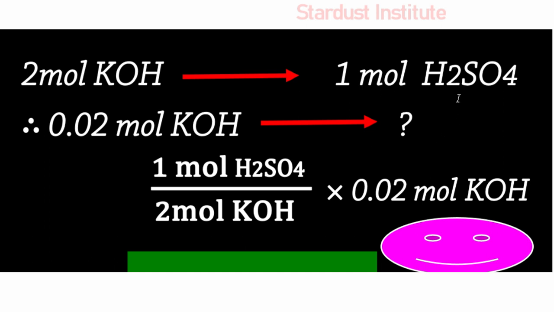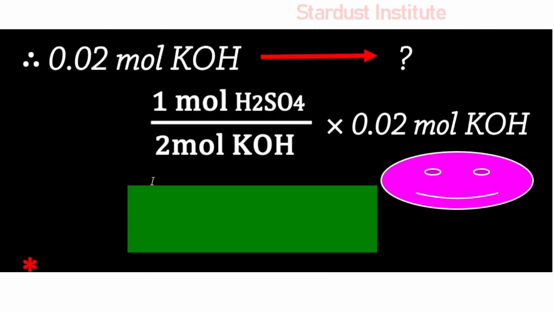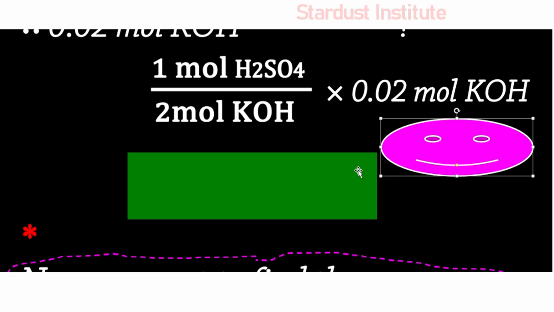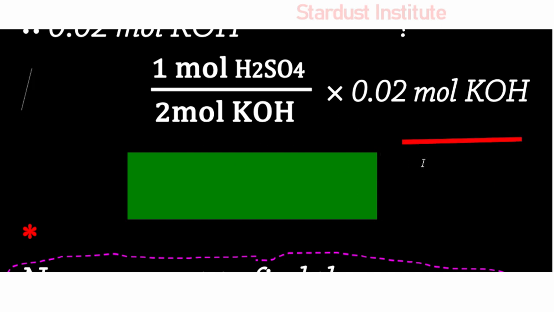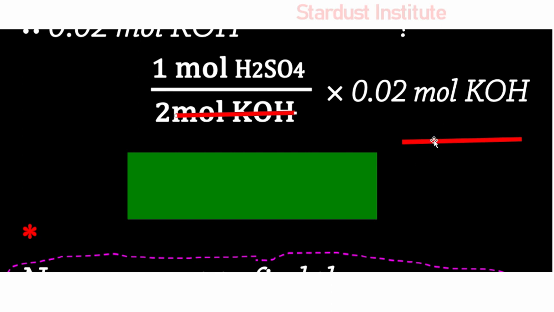1 mole H2SO4 divided by 2 moles KOH multiplied by 0.02 moles KOH. Units should be cancelled out: mole KOH, mole KOH.